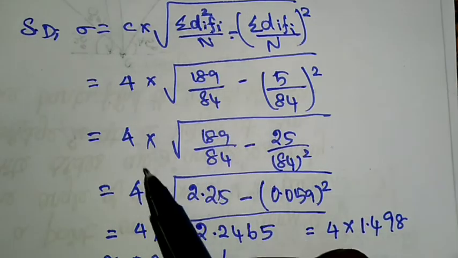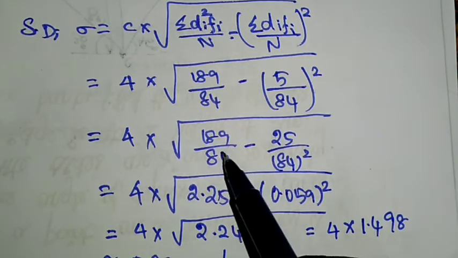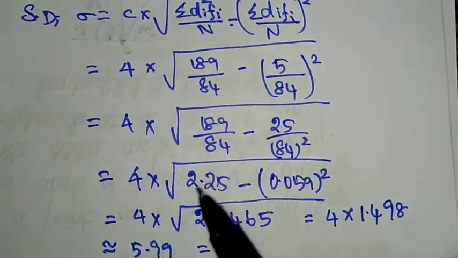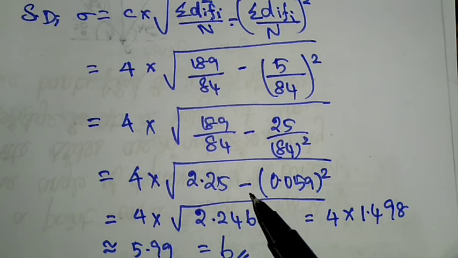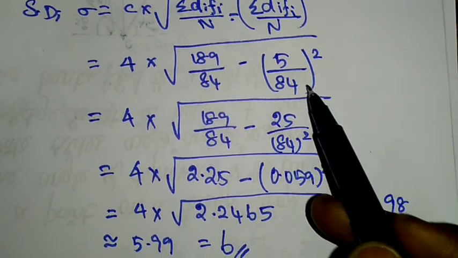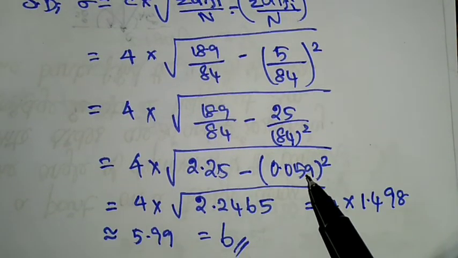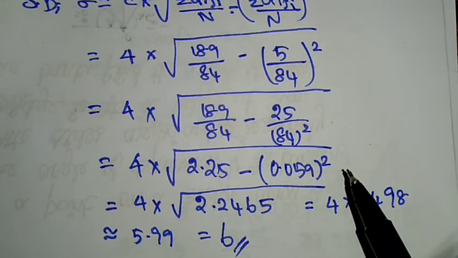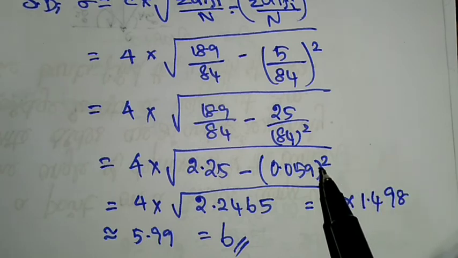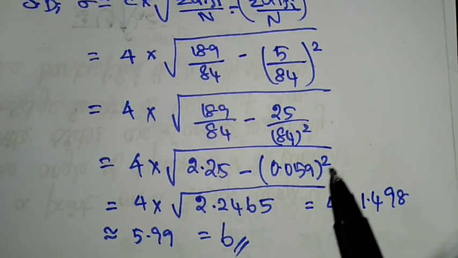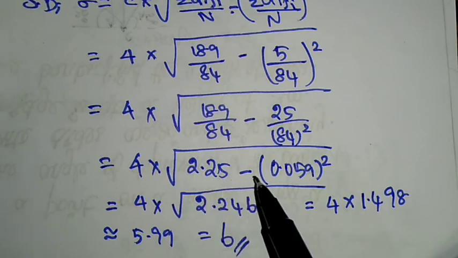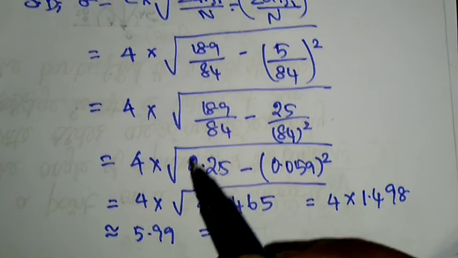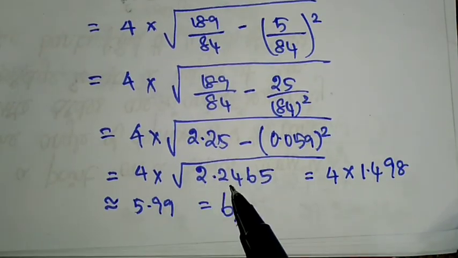Okay. Now 4 into root of 189 divided by 84. 189 divided by 84 gives 2.25, minus 5 by 84, which can be written as 0.059, whole square. So 0.059 squared is 0.0035. 2.25 minus 0.0035 gives 2.2465.